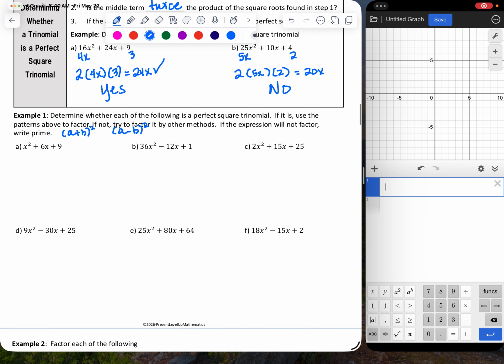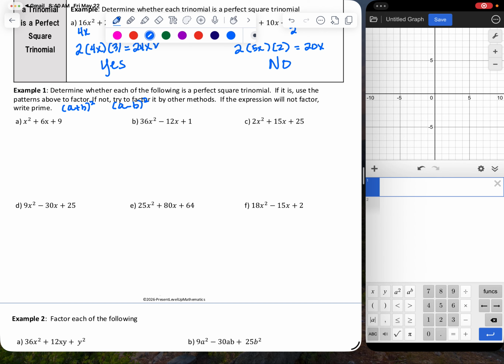All right, so let's look at problem A. We have x squared plus 6x plus 9. We need to know, is it a perfect square trinomial? So take the square root of the first term, the square root of the last term, and then multiply them and double them. So 2 times x times 3 would be 6x. So that matches the middle.